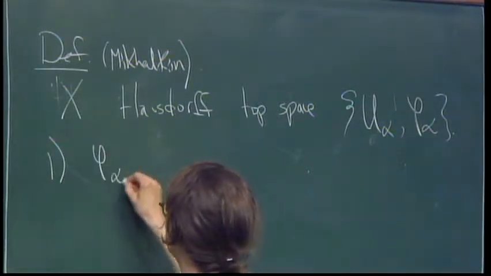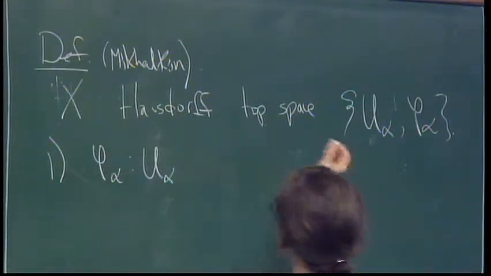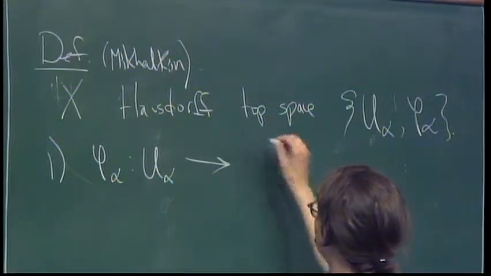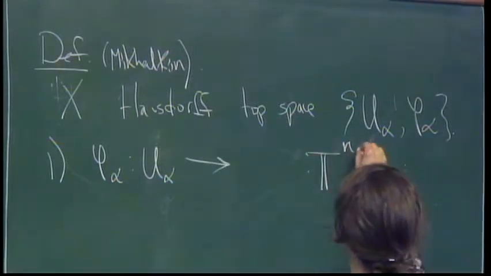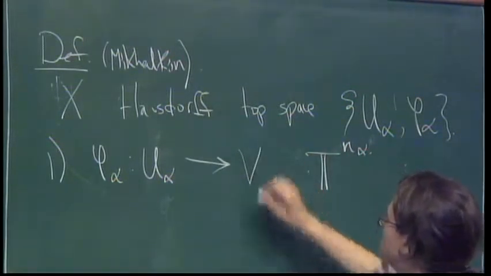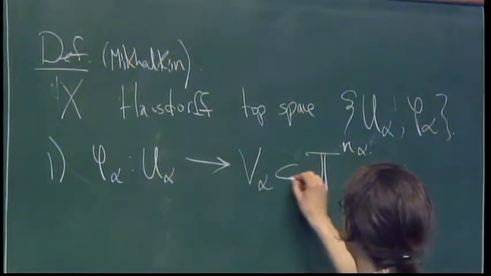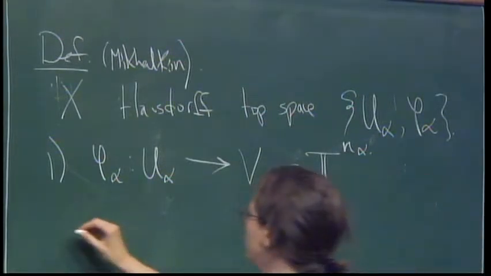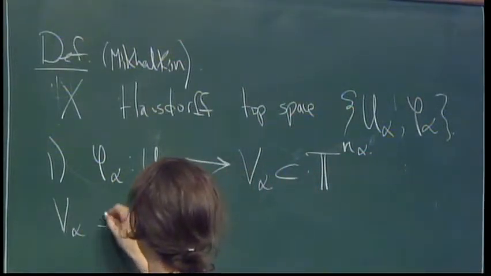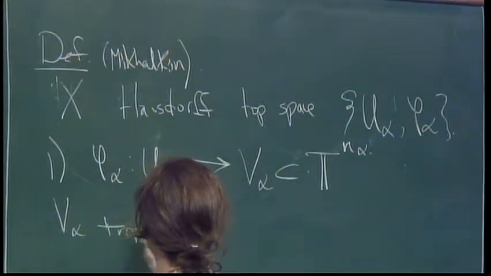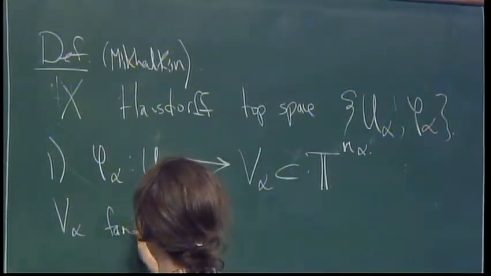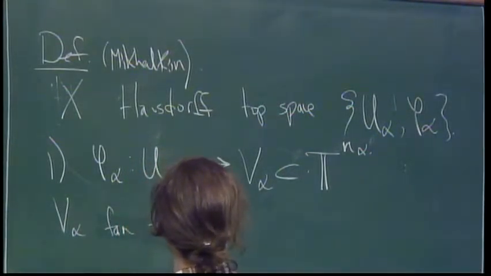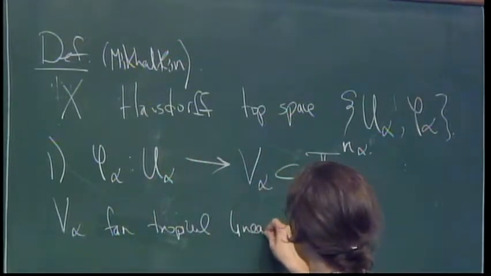The first condition is that we want the image of this chart to go to some T^N, but we want it to land in some set V alpha, which is going to be a fan tropical linear space.